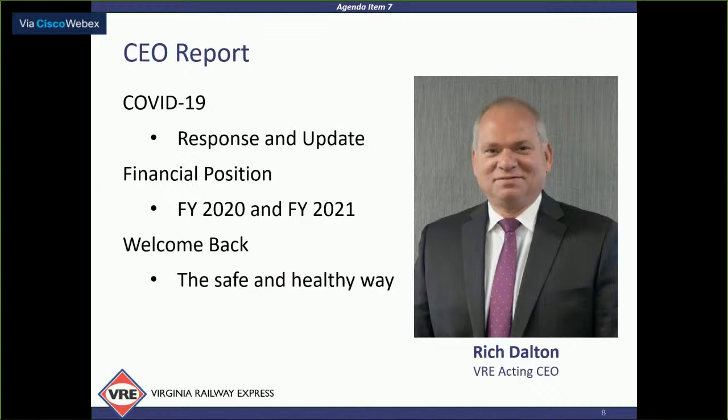Since face coverings were mandated by the Governor's Executive Order 63 on May 26th, we have seen almost 100% daily compliance. The exceptions identified in the executive order are currently managed through the adherence to social distancing on board. This past week, we implemented our enhanced cleaning procedures for onboard trains. These enhanced processes provide a thorough cleaning and disinfecting solution that will likely become the new norm for us.